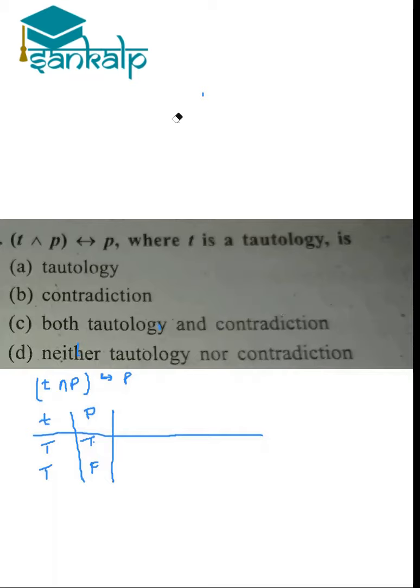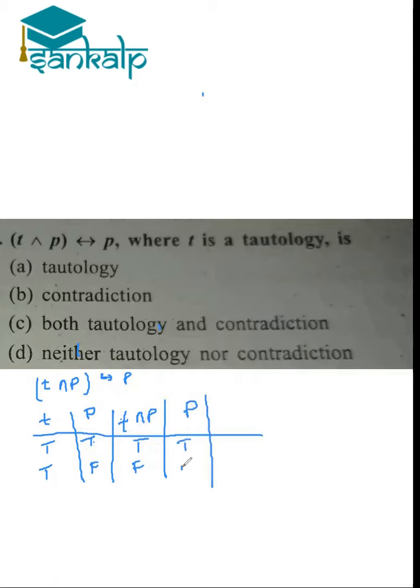T and P will be equal to T and F. So this is true and this is false, and then double implication with P again.